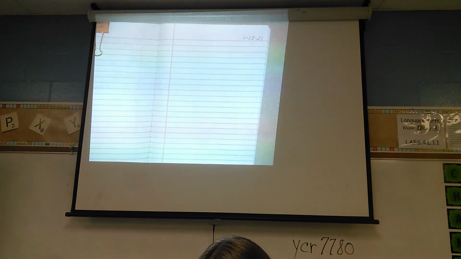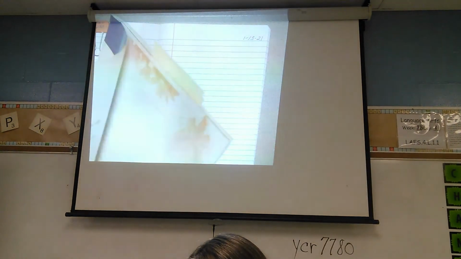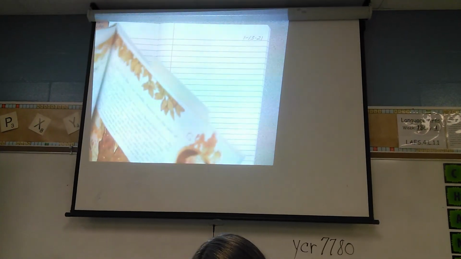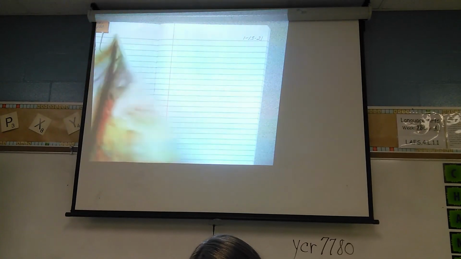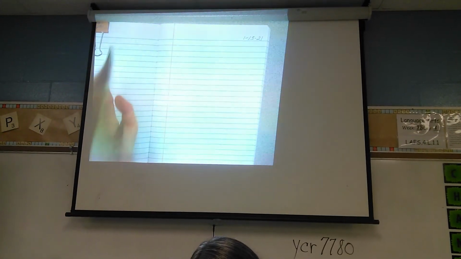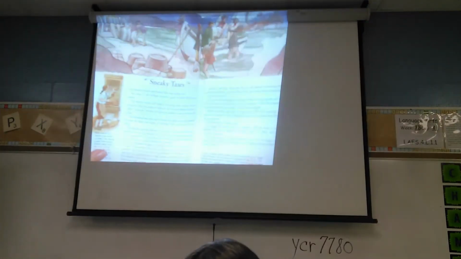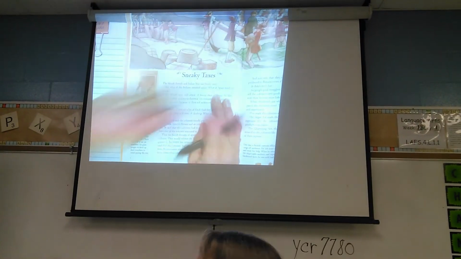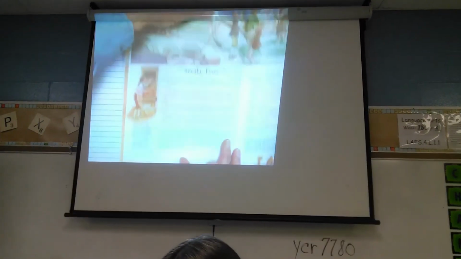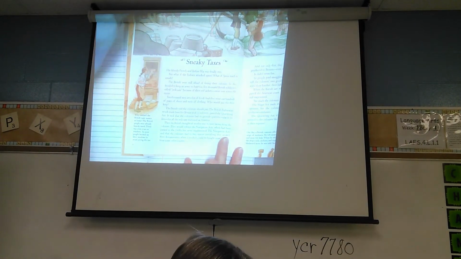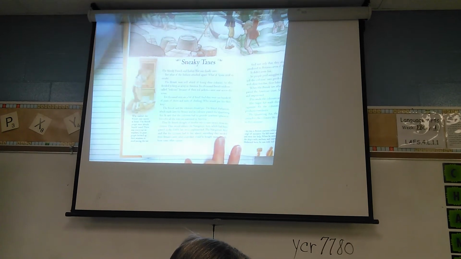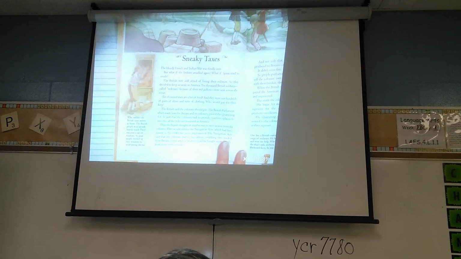All right, so let's go back and look at the very first chapter, and you can flip back to your notes, where we started to see the unfairness that the American colonists were feeling as the British started to tax them and impose.